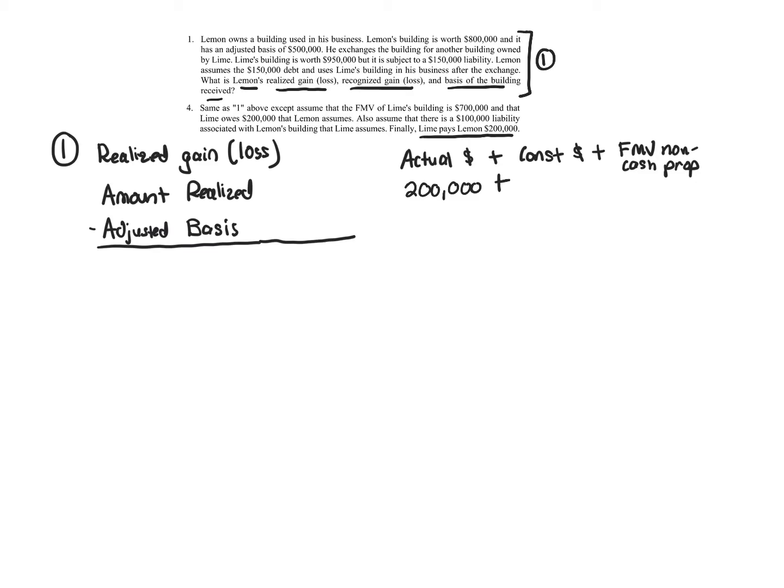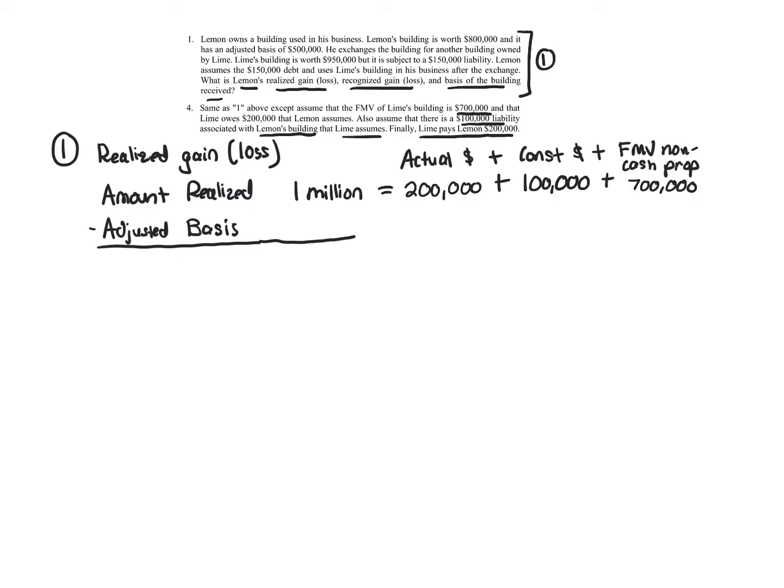We're told there's a $100,000 liability on Lemon's building that Lime assumes. So that's $100,000 of constructive cash. Finally, Lemon, of course, is receiving a building from Lime. The fair market value of that building is $700,000. So Lemon's amount realized in calculating Lemon's realized gain or loss is $1 million.